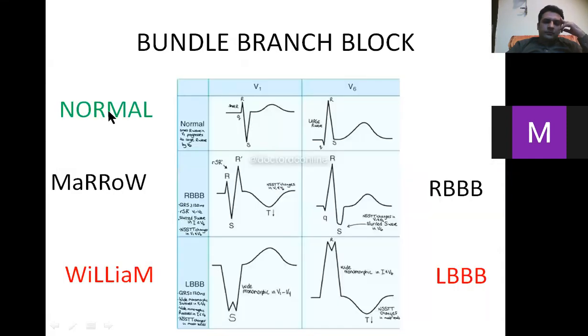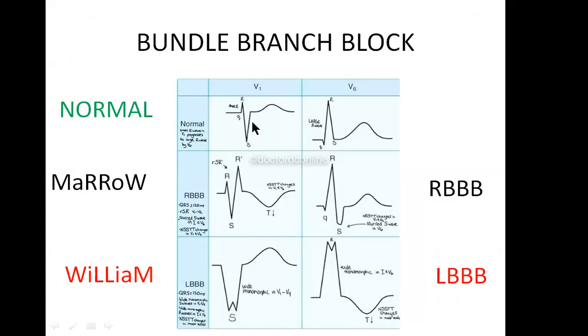Next, we will see bundle branch block. The QRS complex will be widened when the rhythm is in the ventricles. I am mentioning the QRS complex separately because of bundle branch block.